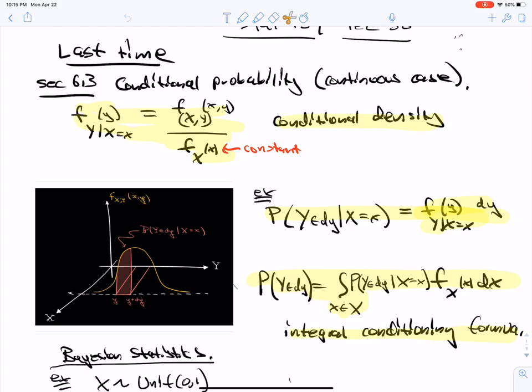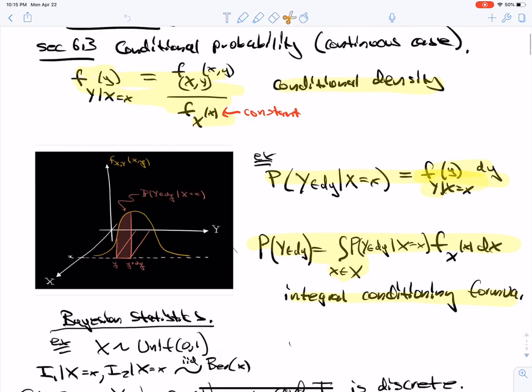And the probability that y is in dy is summing these areas for different slices along x, and summing them all together with an integral. So that's going to give you a volume. That's the idea of an integral conditioning formula.